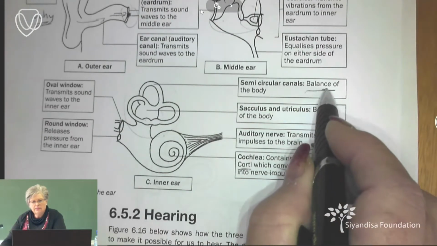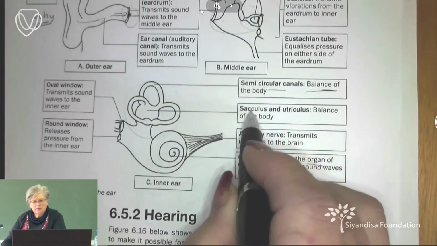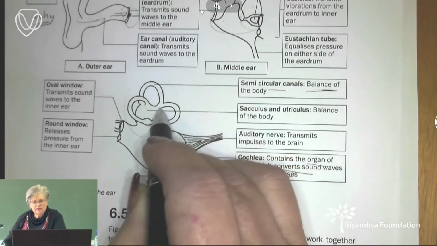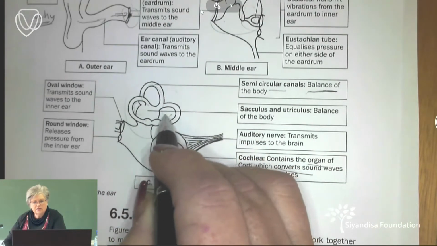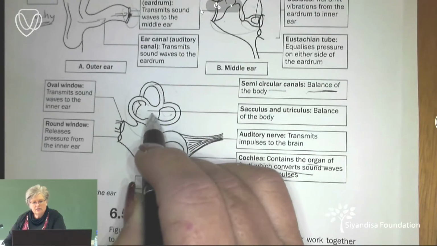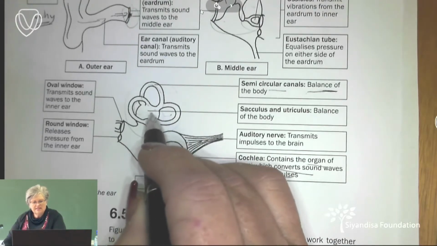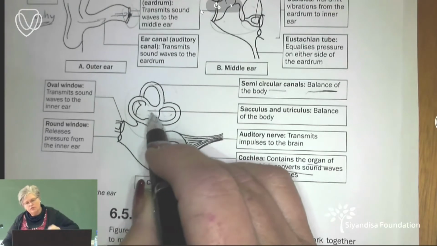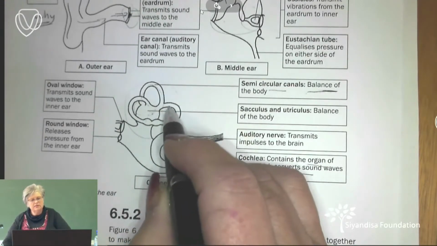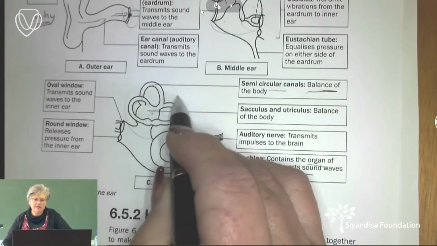Okay? To maintain the balance in the body. Because in the 3 semicircular channels and in the sacculus and utriculus, there is liquid that is thick, and as we move our head, the liquid will flow in a specific direction and it will help us to maintain balance.